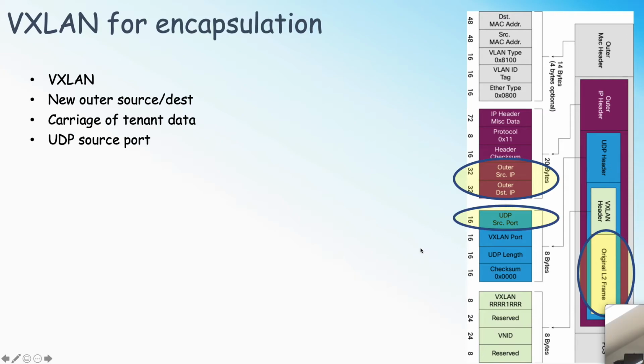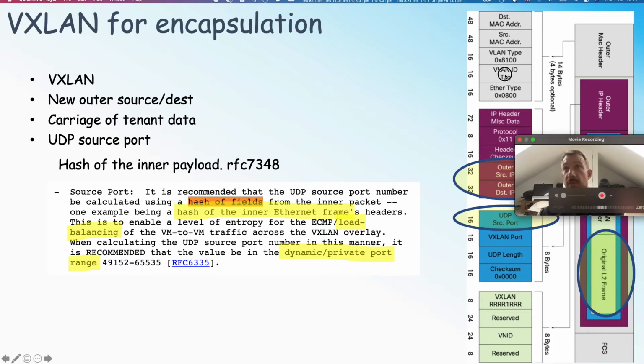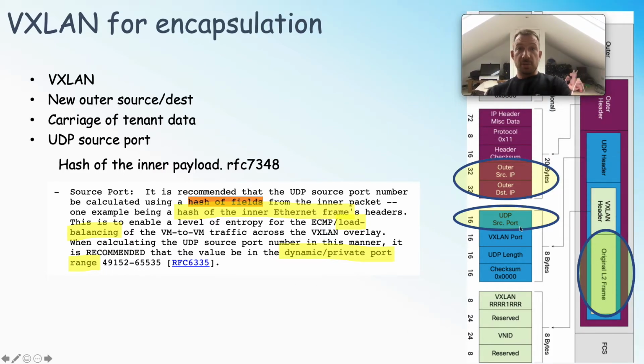All right. Moving on, the source port. Interestingly, this is defined in the RFC as being a hash of the inner frame's headers. And why do we need this? For load balancing. Why is this super important? Guys, it's super important because if we were to use the same source destination port, we would just polarize the same links.